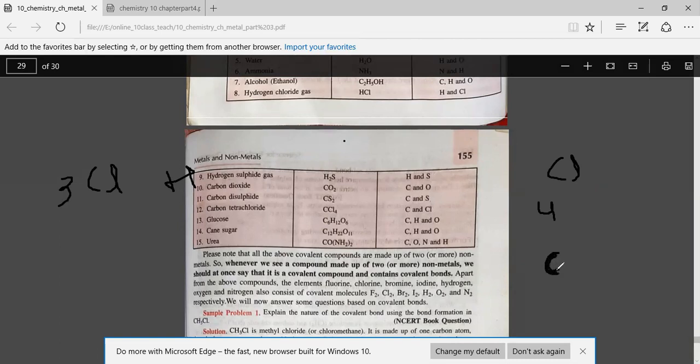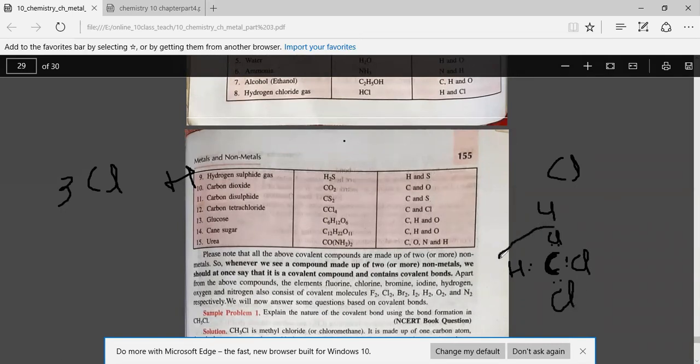This carbon has one here, we put one here, one here, and one here because we have four atoms, so we separate each electron: upper, down, left, and right. So this electron will combine with the hydrogen, this with the chlorine, this with another chlorine, and this electron will combine with the other chlorine.